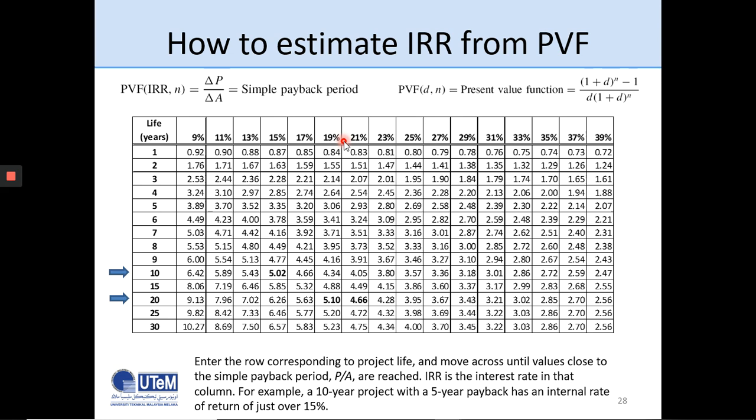So we can conclude here that if the operating lifetime is longer, then we can have a better internal rate of return. From 10 years to 20 years, we can improve our internal rate of return from 15 to around 20%, so about 5%.